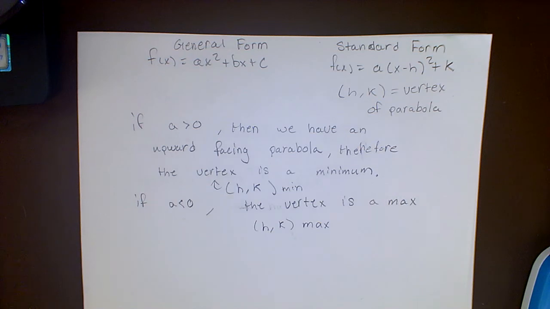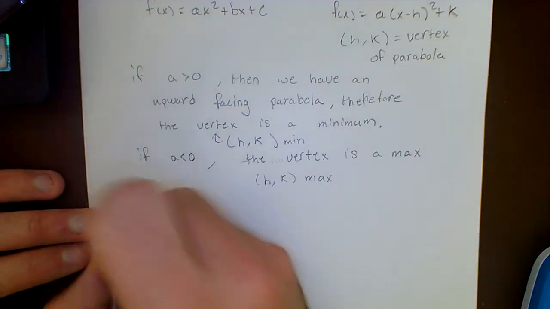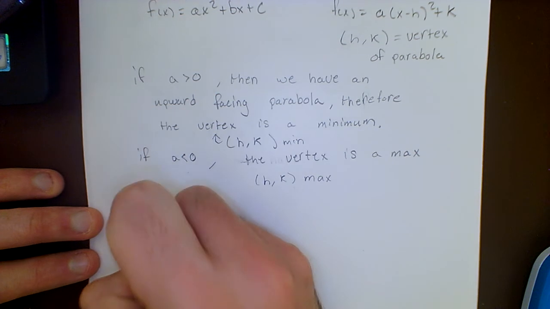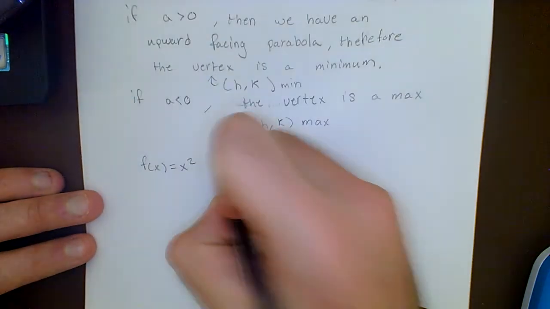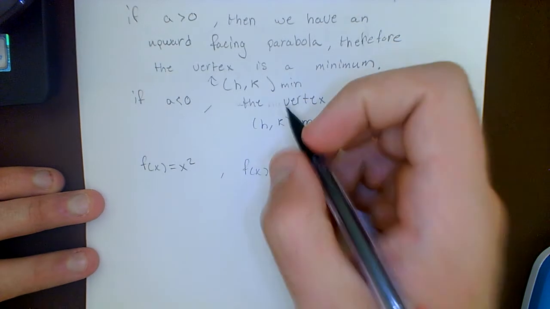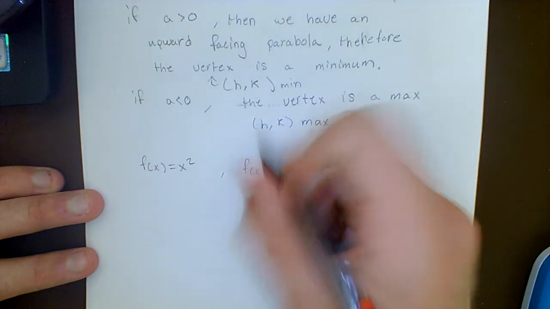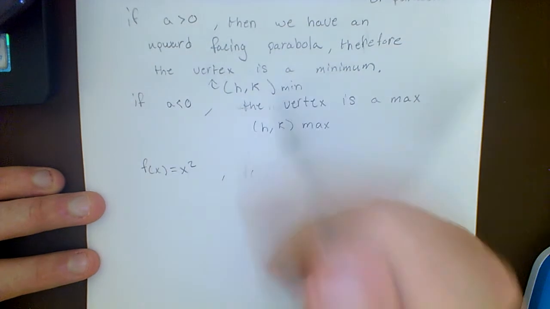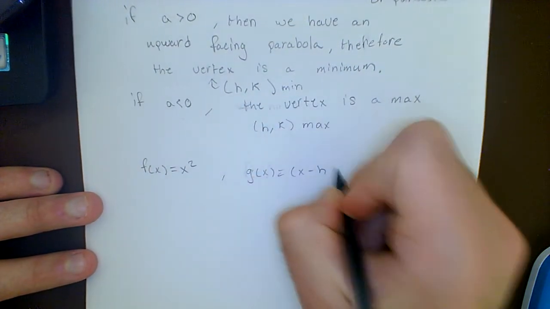Now let's talk about why h and k are the vertex for a parabola. So first let's talk about, again, f of x equals x squared. And now let's talk about a different function, g of x equals (x minus h) squared.